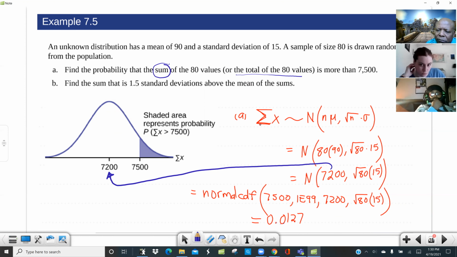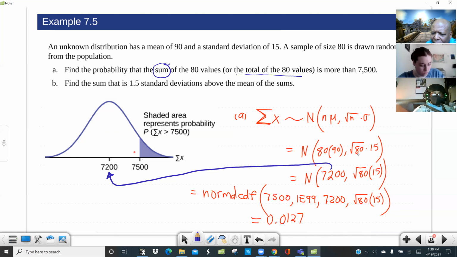We found out that the sums, which are designated by writing sigma x, follow a normal distribution, the mean of which is n times mu. What is n? N is 80. What is mu? Mu is 90. So that is 7,200, which is the mean now.